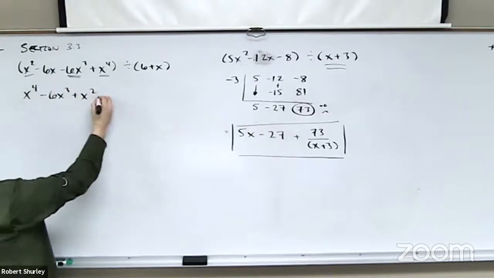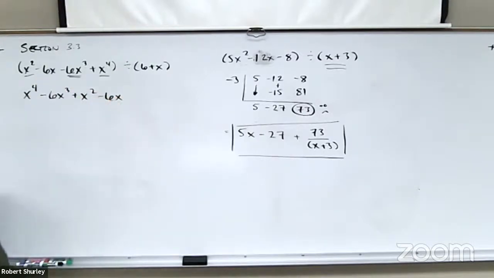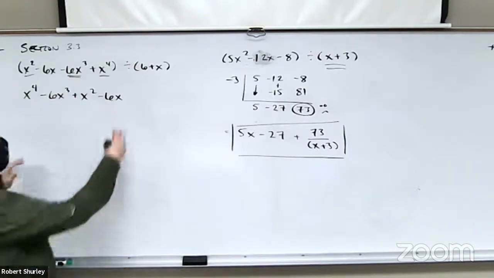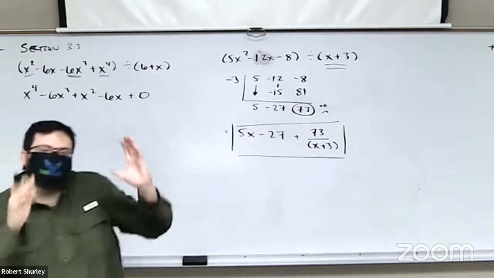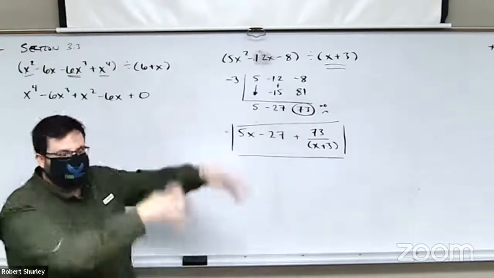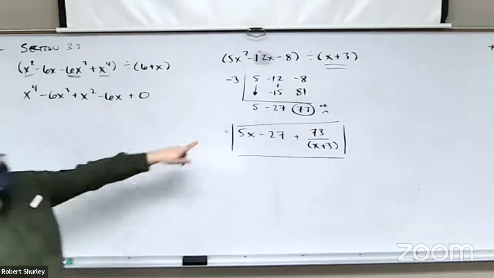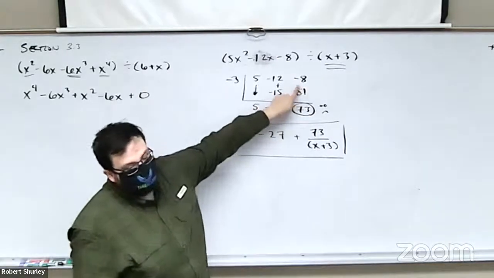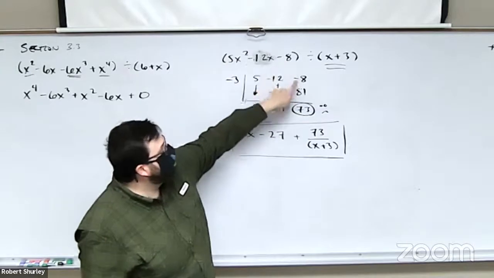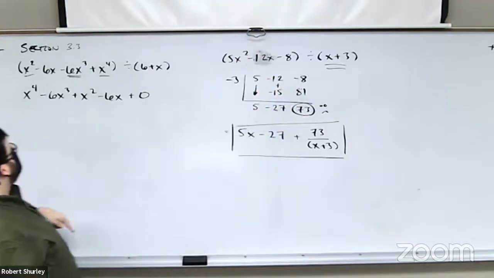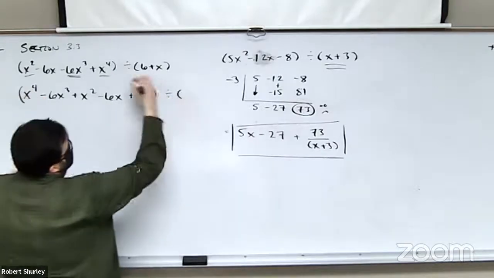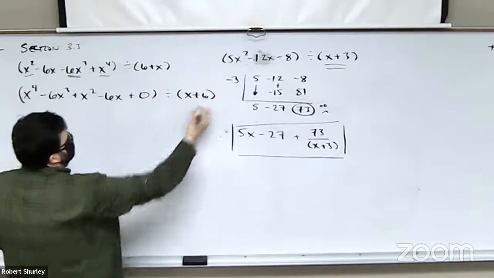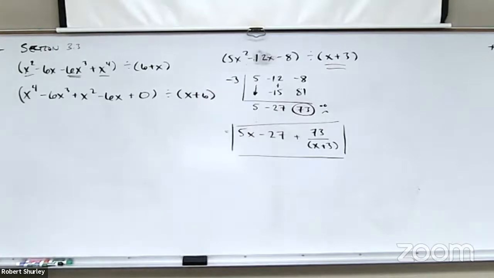My 1st degree, x. But notice there's no constant here, and you have to have a constant. I know this looks goofy, but you have to have a +0, because that +0 is a column in your synthetic division. That constant has to be there, just like in all of these we've done. And then we're actually dividing by x plus 6, not 6 plus 6.